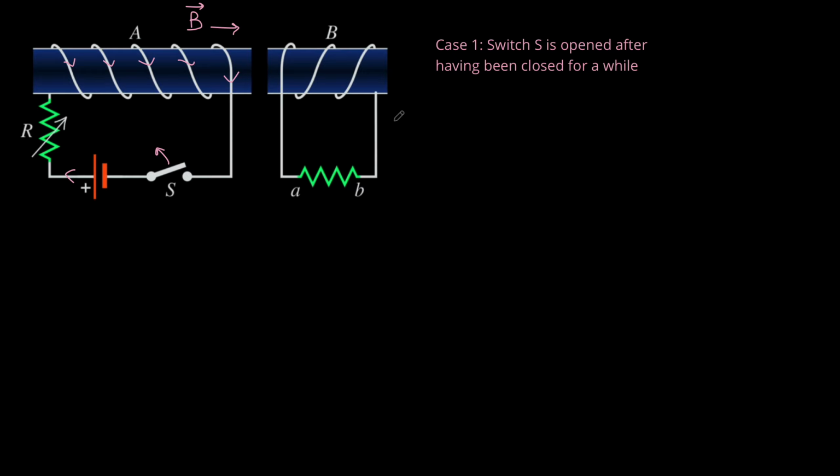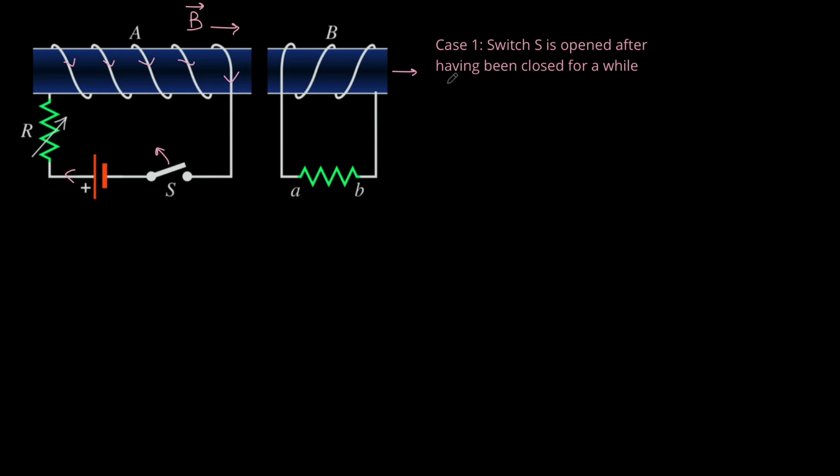What happens to coil B? Well, while the switch was closed, there was magnetic flux through coil B, again pointing to the right, and the magnetic flux goes to 0 when the switch is opened. So the magnetic field, originally pointing to the right, decreases.